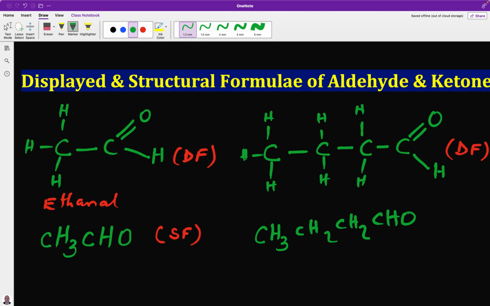And this is the structural formula, SF. And the name we call this is butanol.